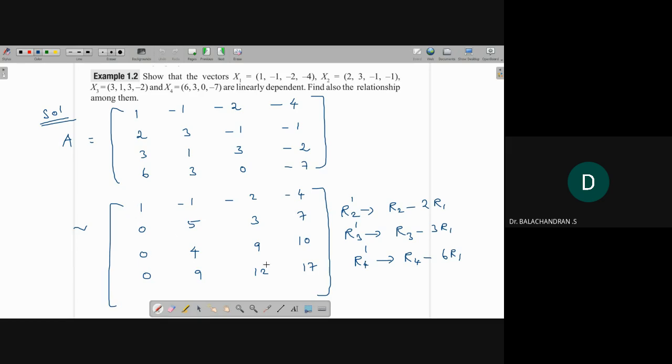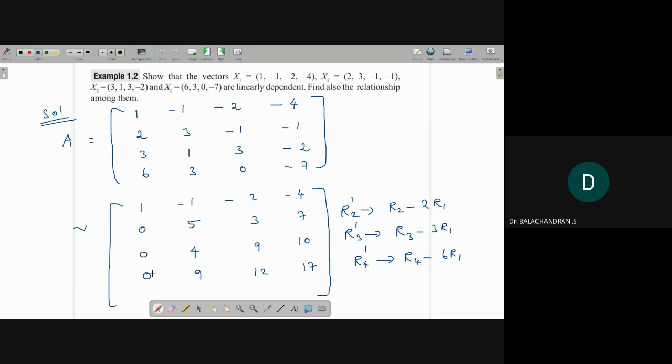after this step, I will use a determinant for this matrix. So how to find the determinant of a 4 by 4 matrix? Okay, I am going to expand the determinant not through this row, but through this column, because here I have 0, 0, 0.